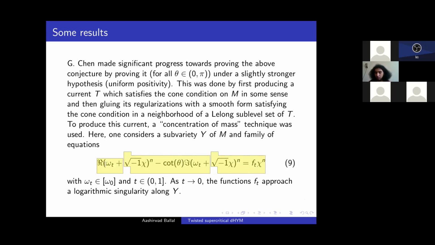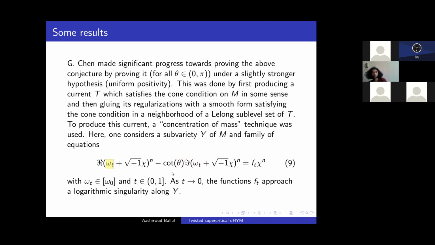if for each t you have this solution, then you can show using Banach-Alaoglu, by weak compactness, that there exists a current which is a limit of these solutions, which also satisfies the Cohen condition in some sense.